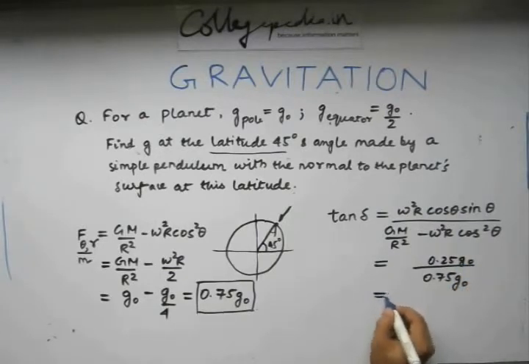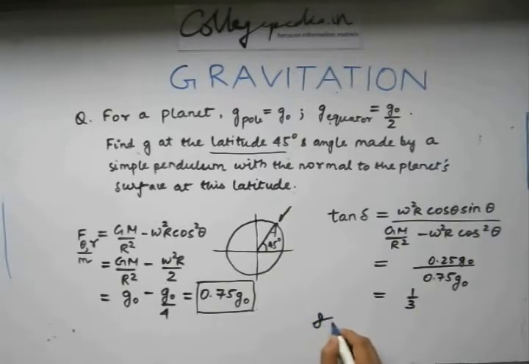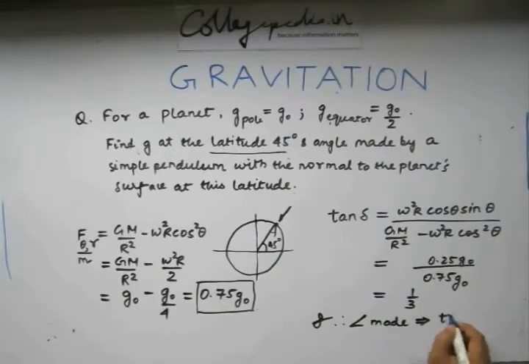So the value of tan delta is going to be 1 by 3, and therefore the angle made is nothing but tan inverse 1 by 3. So this is the angle that the pendulum makes with the normal to the planet's surface at that latitude. Let us look at another problem.